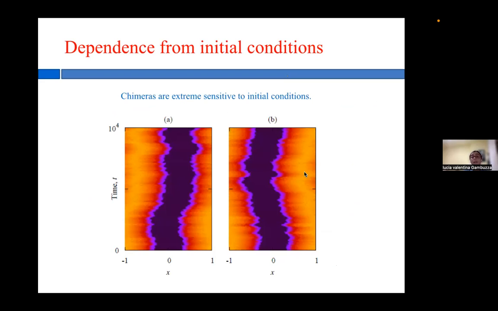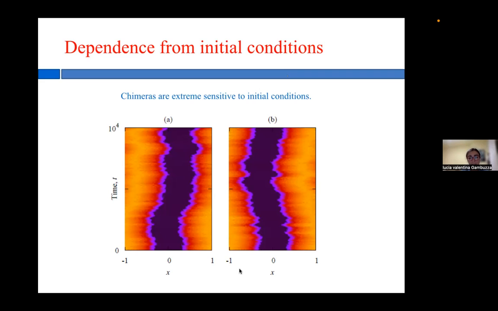Okay, but we have a problem with the chimera states, and in particular, as we said some slides before, starting from a different choice of the initial condition of the units, we can obtain a totally different behavior, but not only. We can also have a sort of traveling behavior of the chimera state.